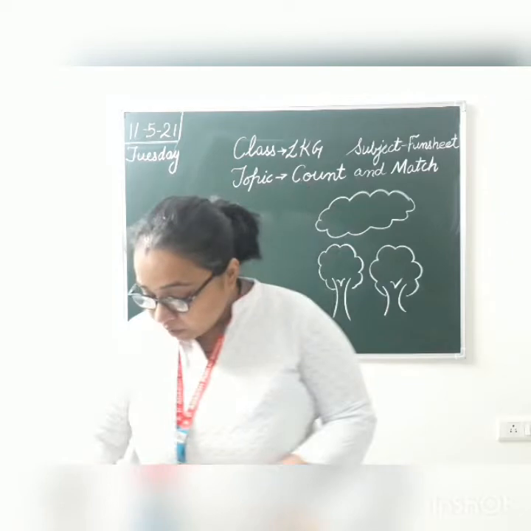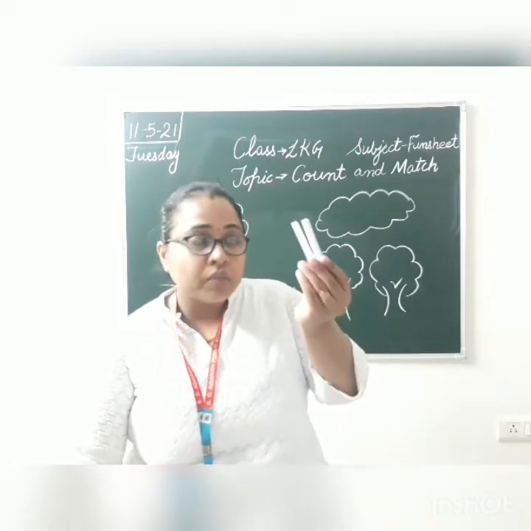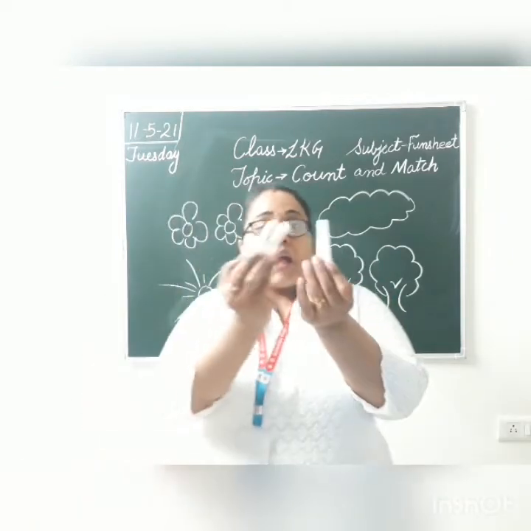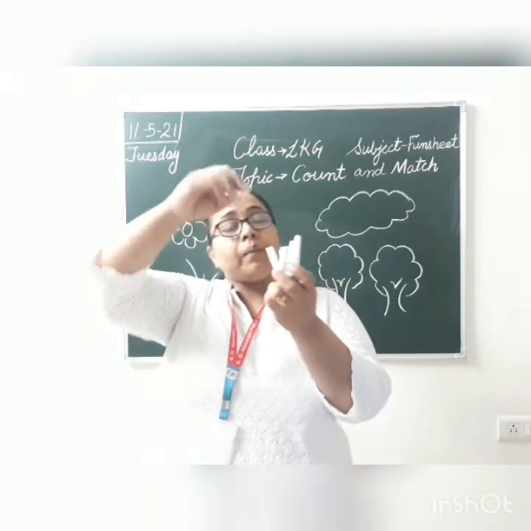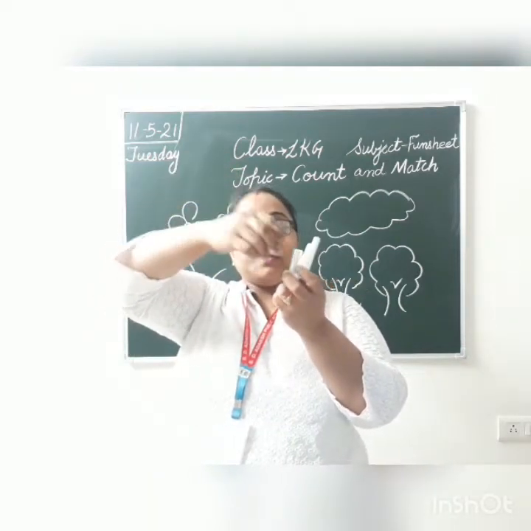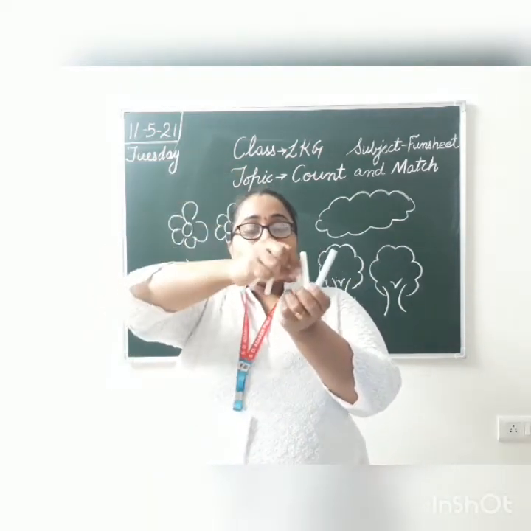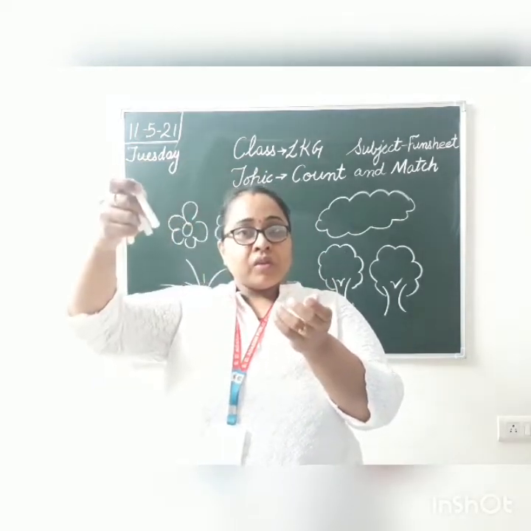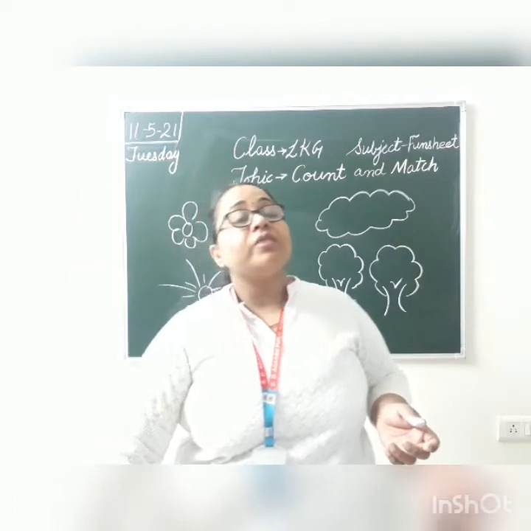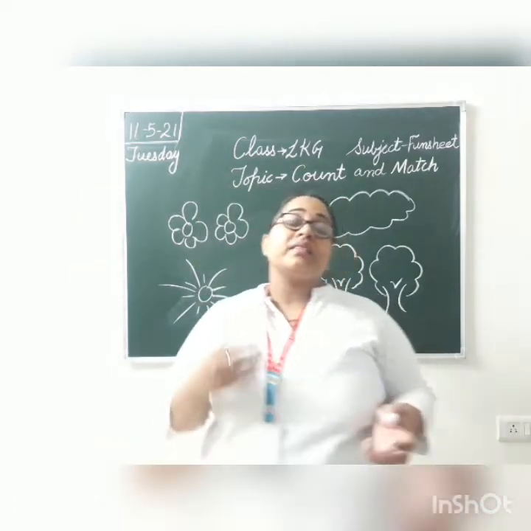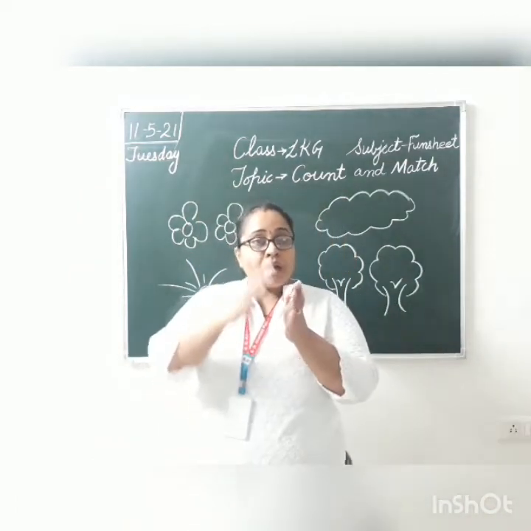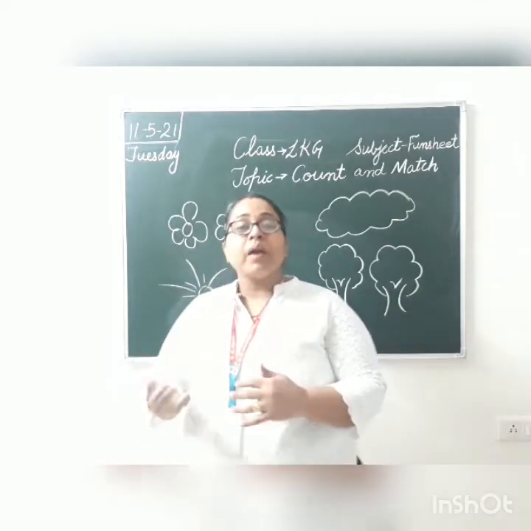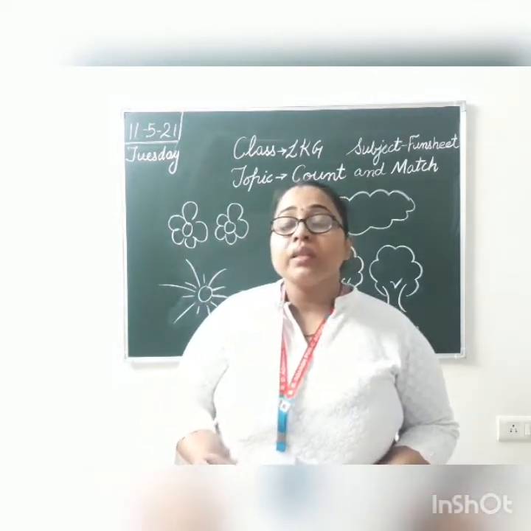For example, I have some chalks with me, isn't it? And there are many. अब हम इन्हें count करेंगे. 1, 2, 3, 4, 5. तो जब आपको same objects दिए जाते हैं and it is said to count 1, 2, 3, one by one, we keep on counting them.